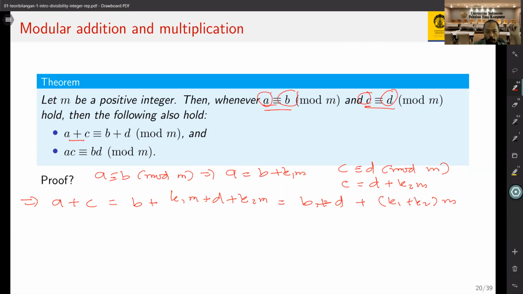So, by our theorem earlier, we conclude that A plus C and B plus D are congruent modulo M. Now, the multiplication is also similar. You should try proving it, right?